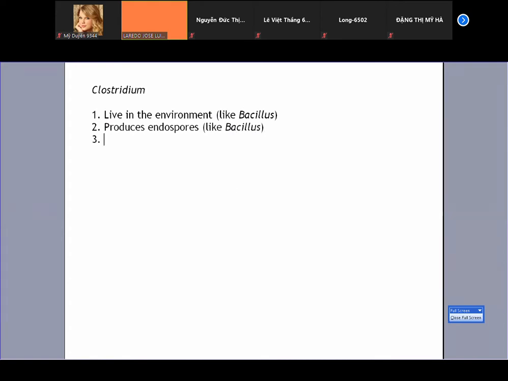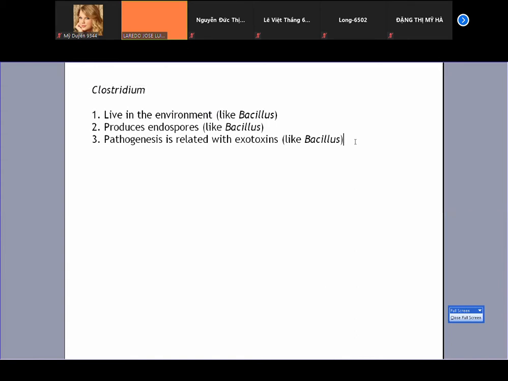And the pathogenesis, the virulence factors, the pathogenesis of these diseases is related with the production of very potent exotoxins. So, the same as Bacillus. So Bacillus and Clostridium have many things in common. One difference, Bacillus is aerobic, Clostridium is anaerobic. Okay? So these 3 things are common for all.